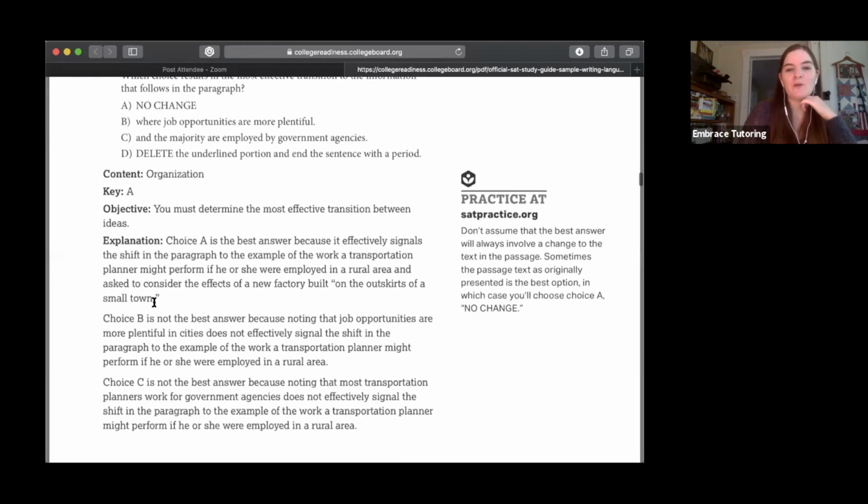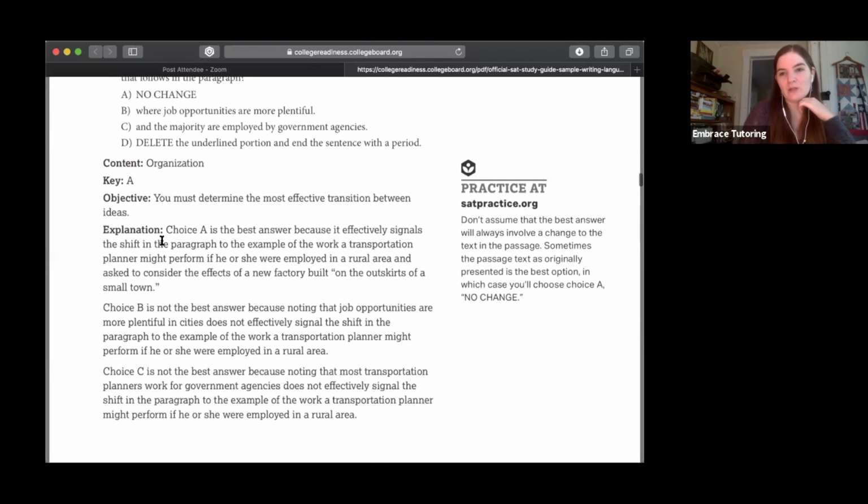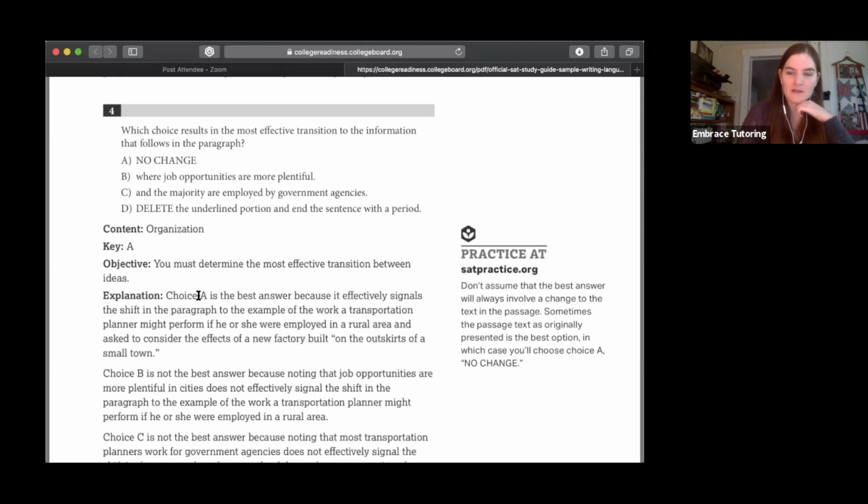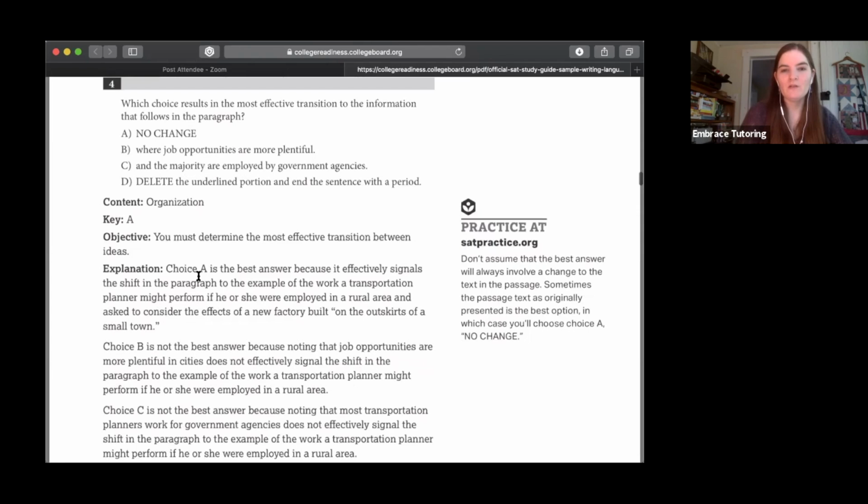So you have to find the most effective transition between ideas and figure out which is most appropriate given this context and what you're trying to achieve. Okay. So in this case, you do need to make sure that things are grammatically correct in terms of what they give you, and what's the most effective choice, the best option available.